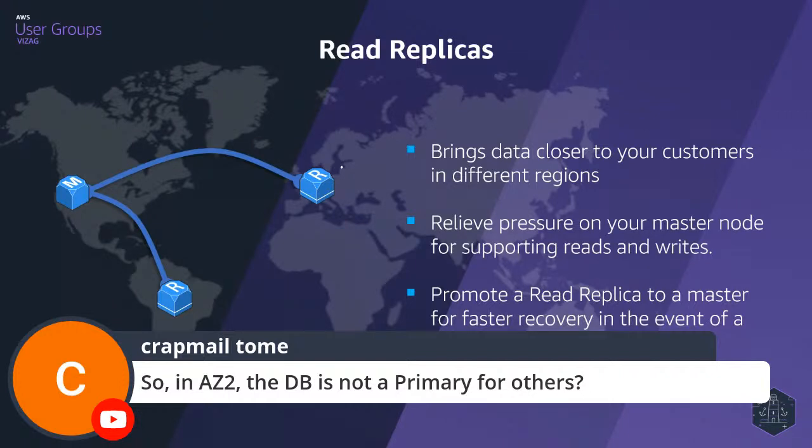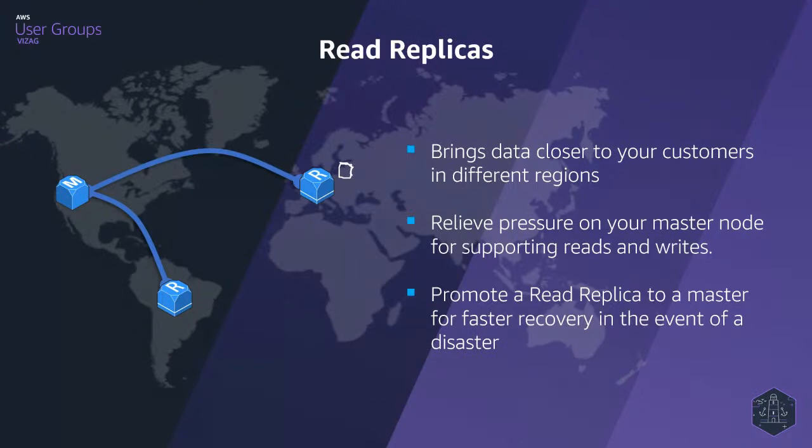So for the applications that are in this region, for example, if he's actually referring to the read replicas here, if your application is in Europe, you can actually have two sets of databases. You can have a database into which your application writes, and you can have a database from which your application reads. So for this user over here, the primary writing will always happen to the master.